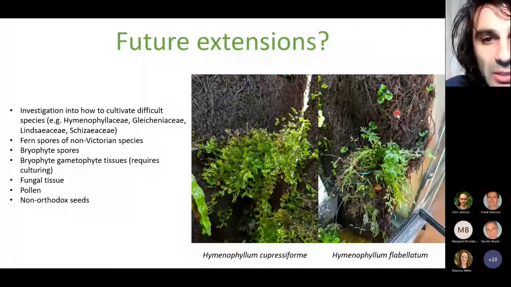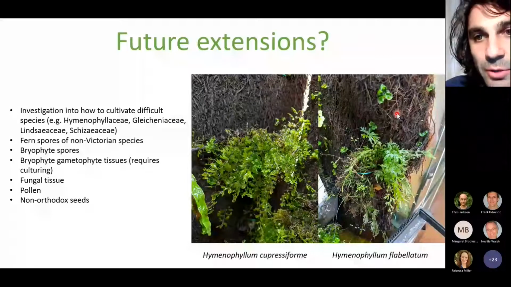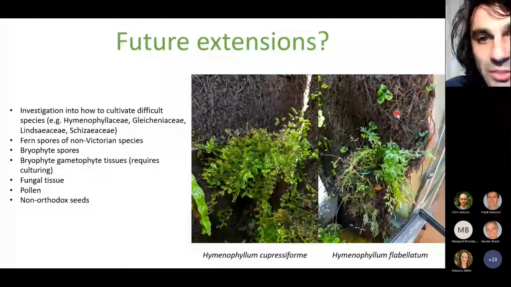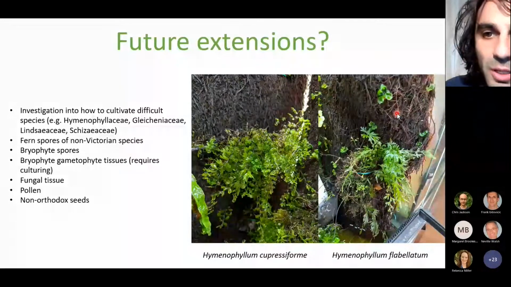So I've been experimenting a little bit with growing filmy ferns, which is the family Hymenophyllaceae, again in a terrarium with high humidity. And that's been successful over the last few years. I've been able to grow those, with difficulty, mind you, but they are growing and surviving.